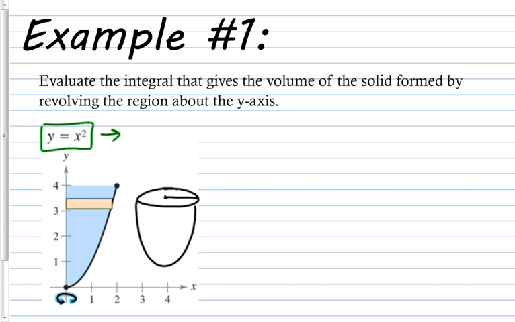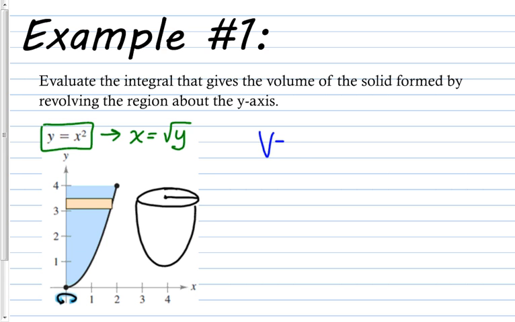And so to get rid of the square, I would square root. So x equals the square root of y. And that is the equation I'm going to use. Because when we revolve around the y-axis, we need to be in terms of y, because we're going to integrate with respect to y.